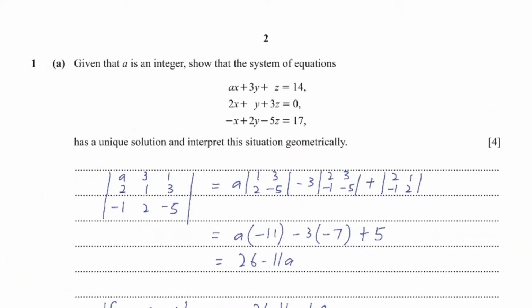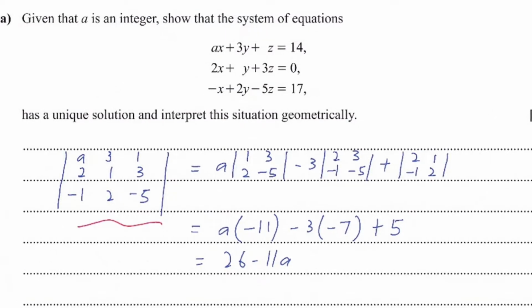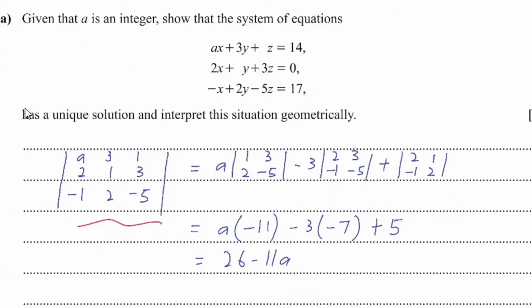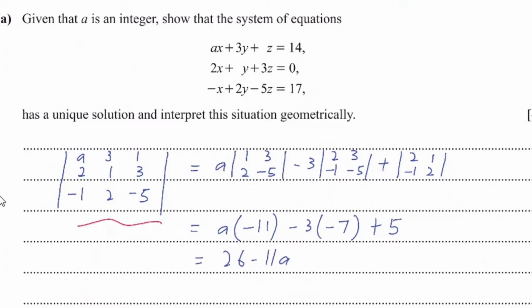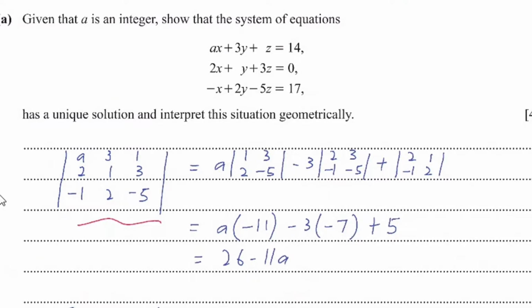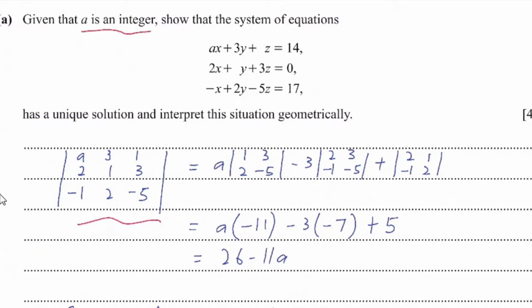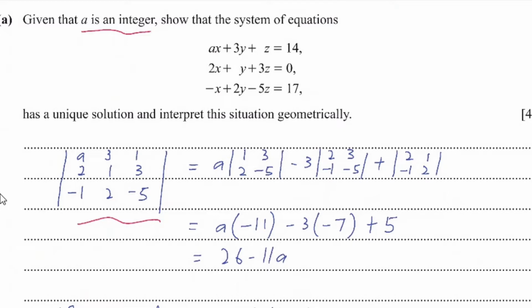So what we have for the situation here is, we first take out the matrix for this system of linear equations, and we are trying to find the determinant of it. It's all about the determinant. We want to prove that it has a unique solution, with the condition that a is an integer.